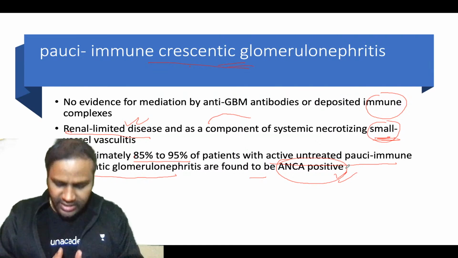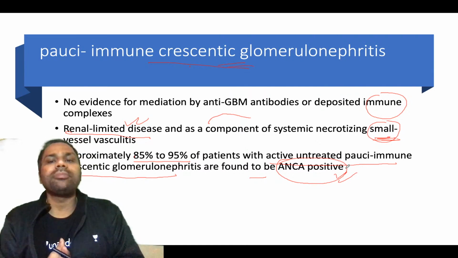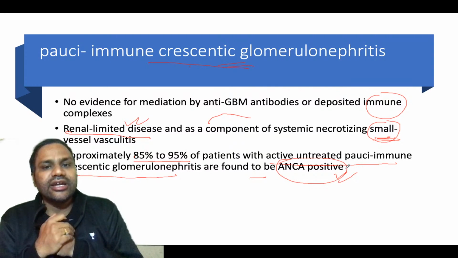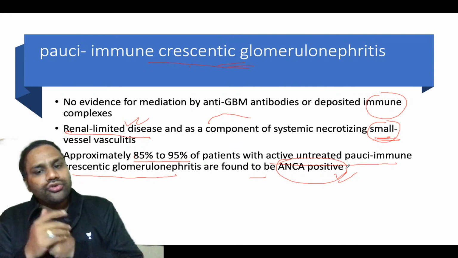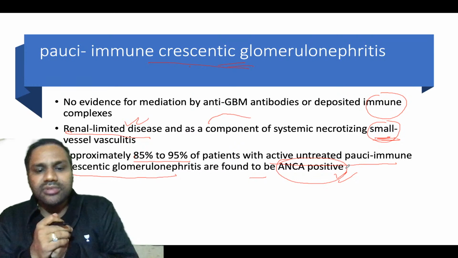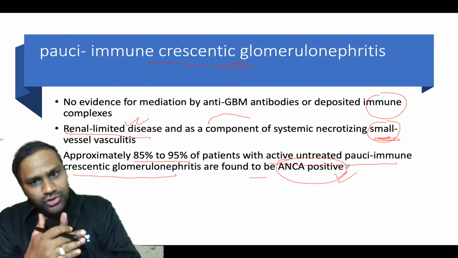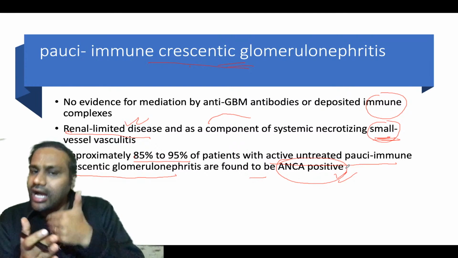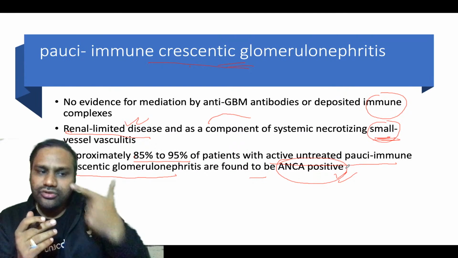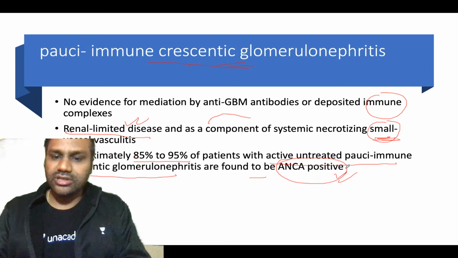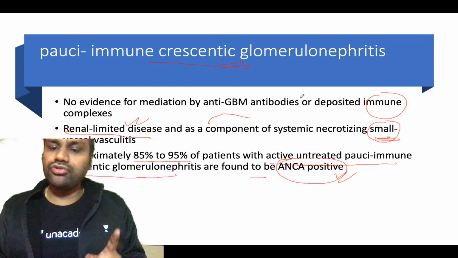Whenever you don't see any type of immune complex or IF deposition in a kidney disease, then you need to do ANCA. Because 85 to 95% of pauci-immune crescentic glomerulonephritis are ANCA positive. Again, you need to know this very well: ANCA positive.